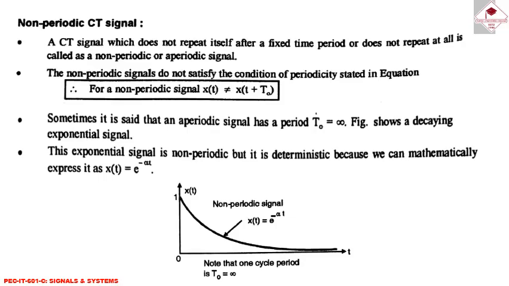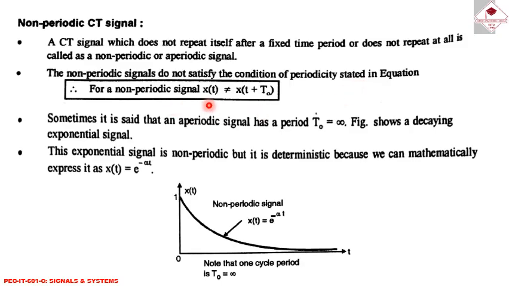Next is non-periodic continuous time signal. A continuous time signal which does not repeat itself after a fixed time period, or does not repeat at all, is called a non-periodic or aperiodic signal. A non-periodic signal does not satisfy the condition of periodicity as stated by the equation.